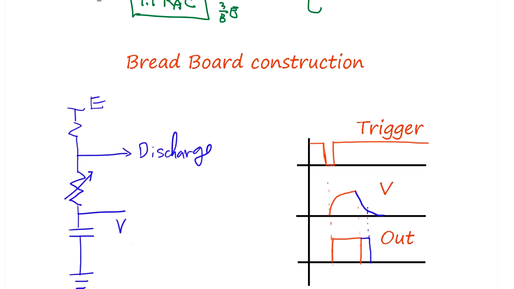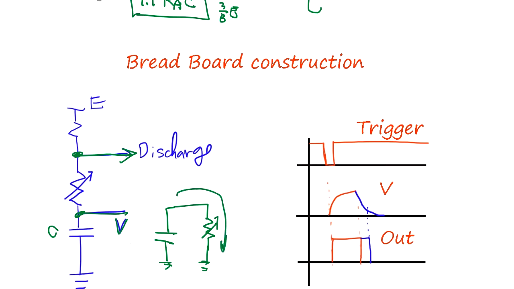Now, what we can do is, what happens if we discharge here instead of here? Now the discharge is going to go through this resistor R2, R1.